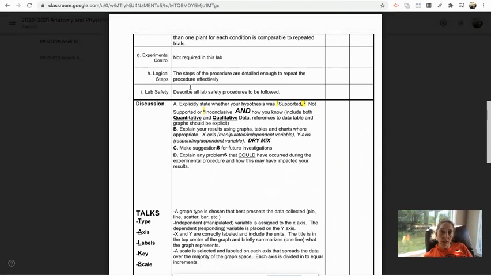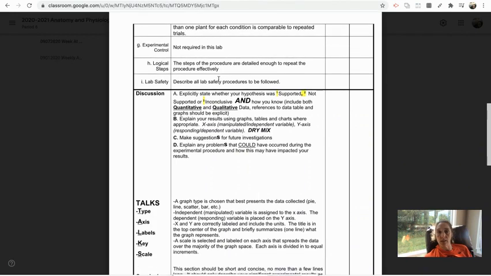As we get into other labs that you write yourself, you will have to give me diagrams and procedures where I can specifically repeat your experiment by looking at your procedure. For this one, we're just going to put a Flipgrid, most likely a link to a video clip of you doing the exercises to get credit for the fact that you have actively done it yourself.